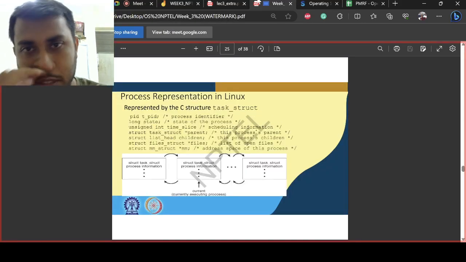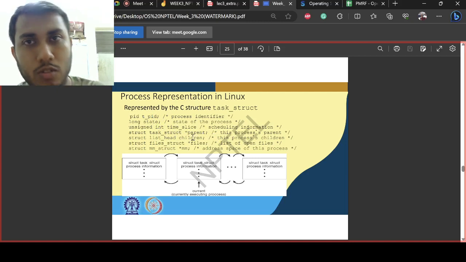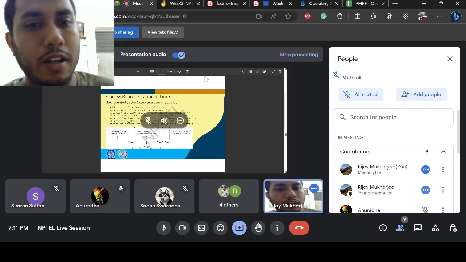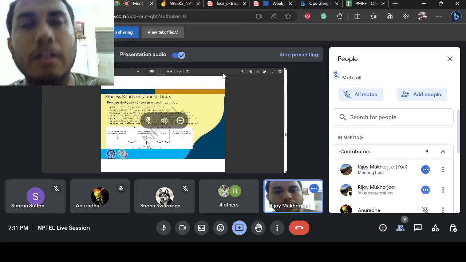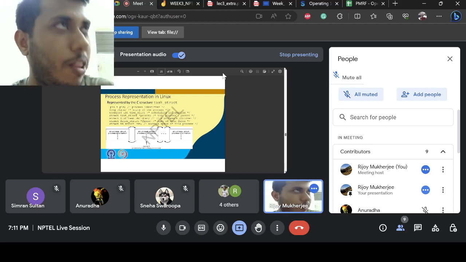So this is how a process is represented in Linux. You have your PID, your state, your time slice, mm, process parent and child. Obviously the process is created by someone, it is not just like that.